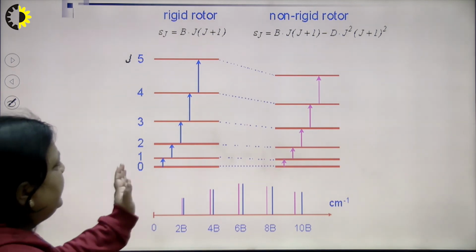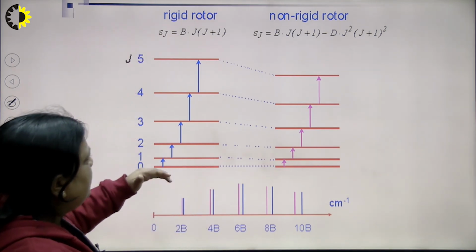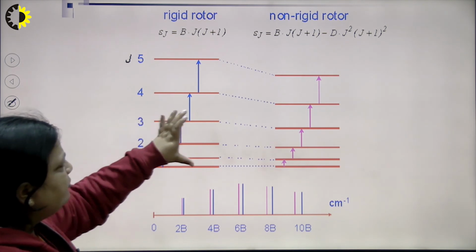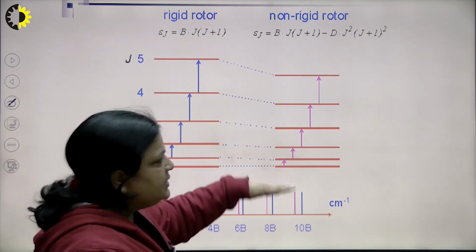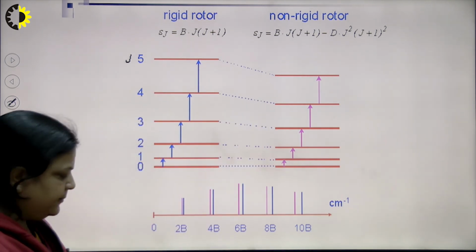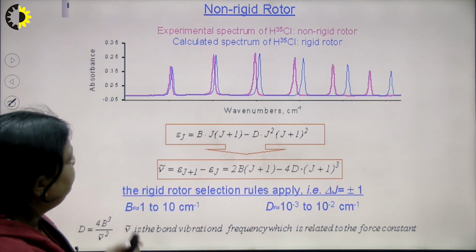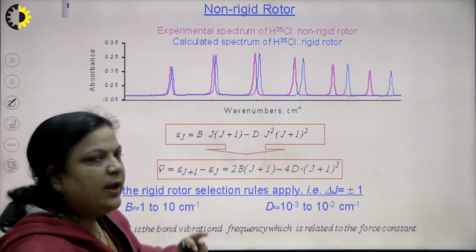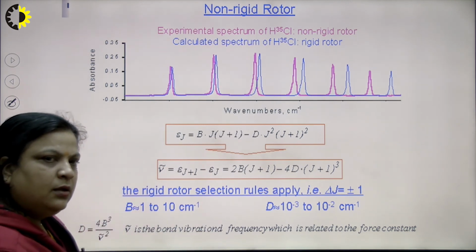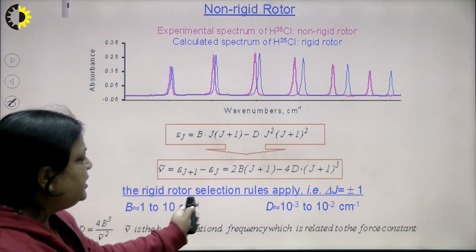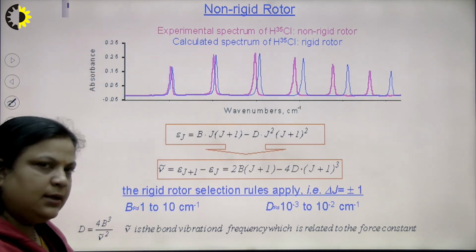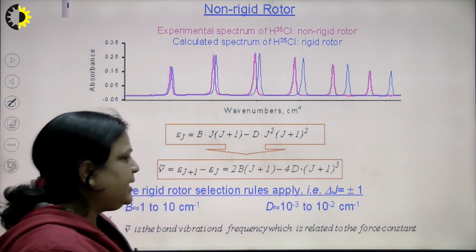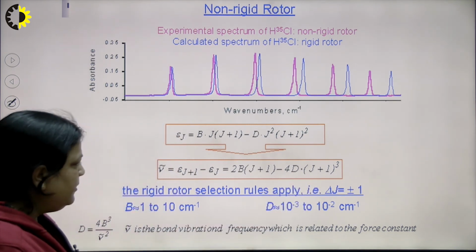So, if we compare the spacing, for the rigid rotor it is this, but for the non-rigid rotor the energy level becomes lower. Here the pink line is for the non-rigid rotor and the blue line is for the rigid rotor. And the selection rule is the same, which is delta J is equal to plus minus 1.